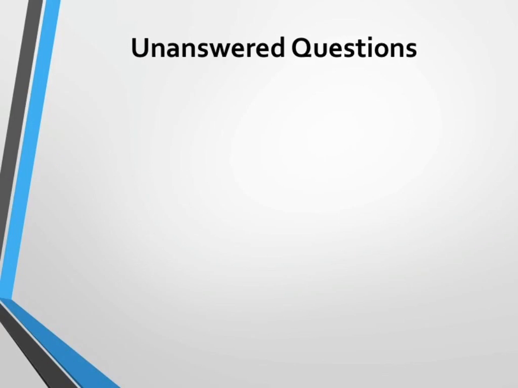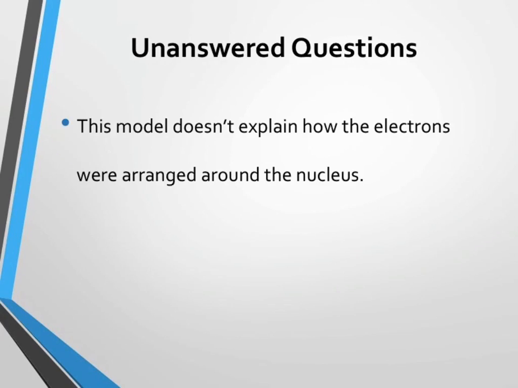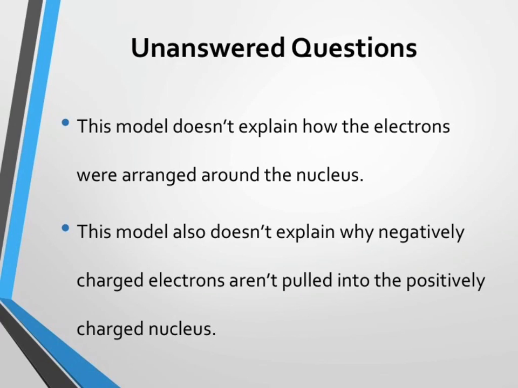But it didn't explain how they were arranged. We know that they're there. We just don't know how they're arranged. And we also don't know why, if we have this positive center in there and it's pulling these electrons in, why do they just not fall in? Why are they not pulled all the way into there? Why are they stopping at certain places? Okay? So that's what we're going to take a look at.